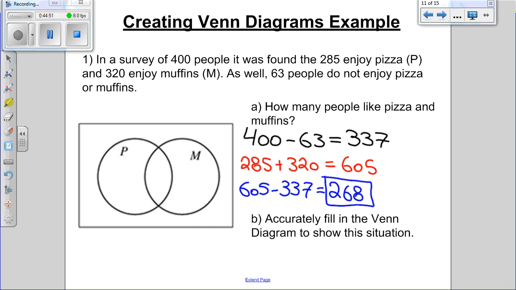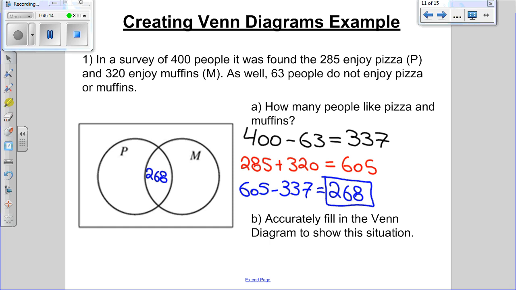When we go to create the rest of the Venn diagram, how am I going to figure out how many people like just pizza? I'm going to take the pizza people, 285, and I'm going to subtract out the people who like both. And that should tell me how many people like just pizza.